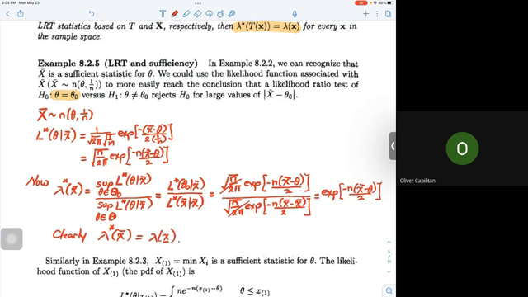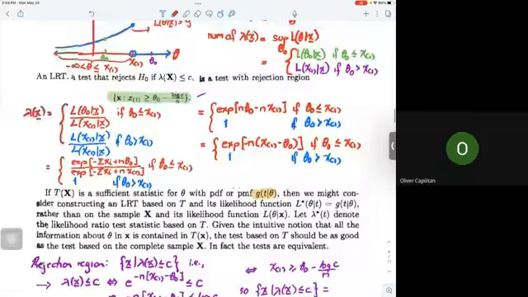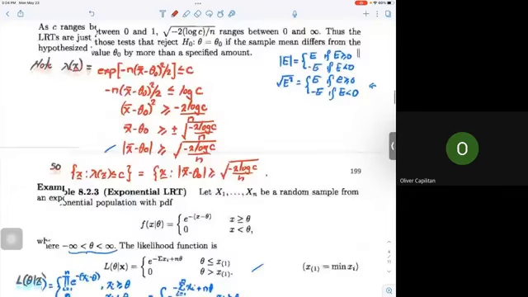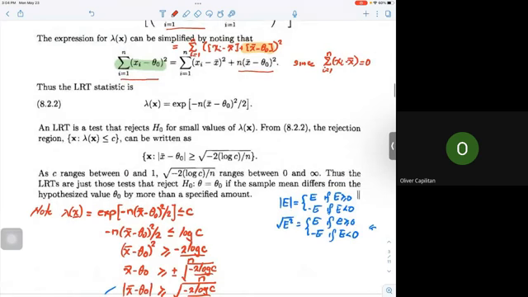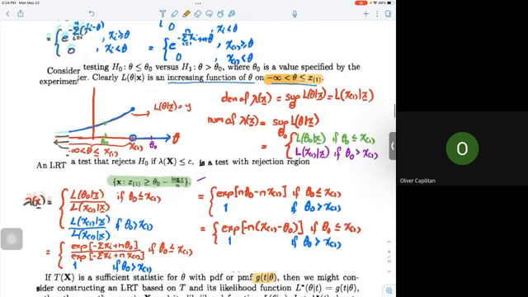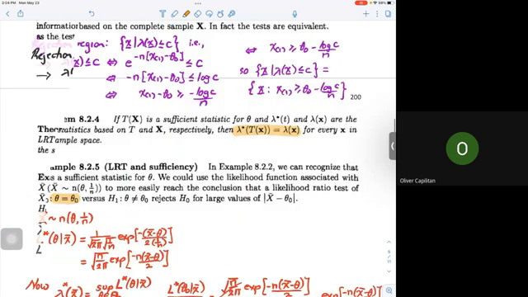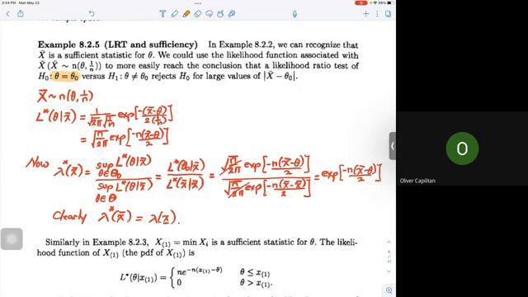Pwede ko ibalik sa first example natin. Ayan. Ito yung lambda of x. Exponential of negative n x bar minus theta sub 0 squared divided by 2. Dito, nakuha pa rin natin the exponential of negative n. Nakalimutan kong square pala.